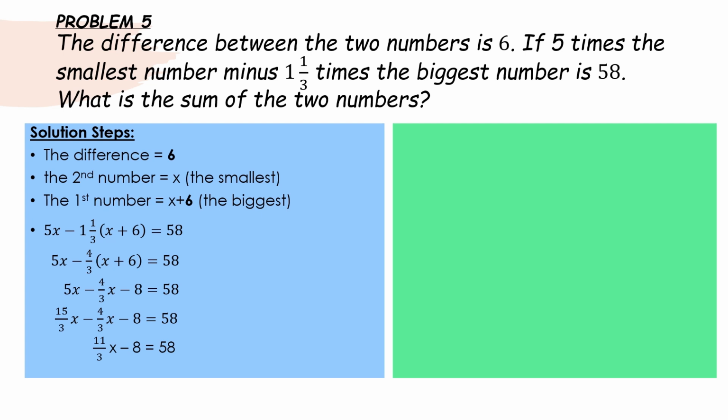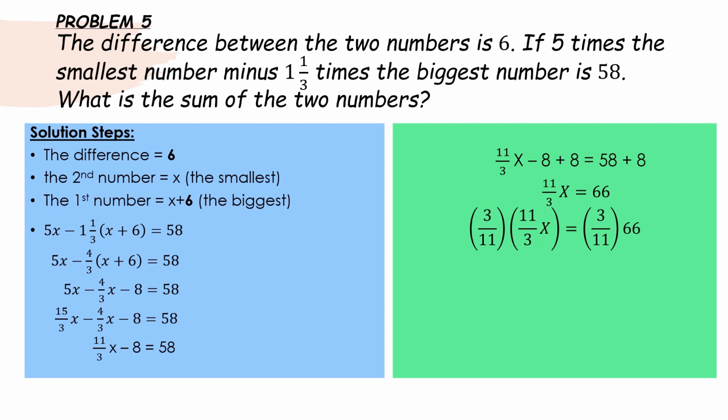Then the remaining is 11 over 3x minus 8 equals 58. And then we cancel negative 8 by adding positive 8 on both sides. And finally, we have 11 over 3x equals 66.